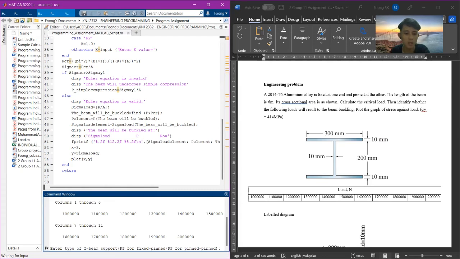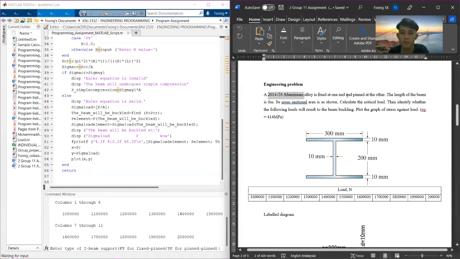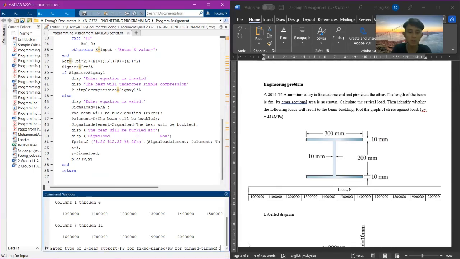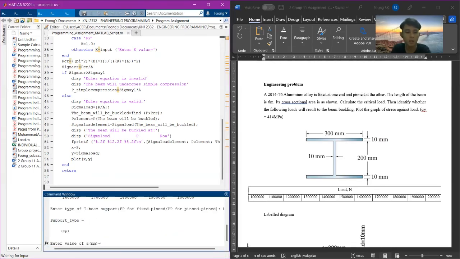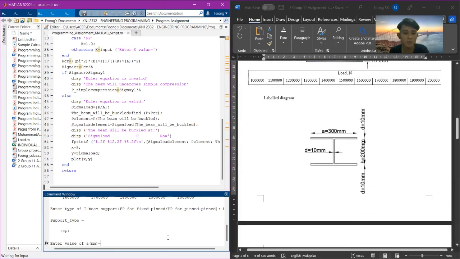Then we input the type of I-beam support. From the question we can see that it is fixed at one end and pinned at the other, so this case is FP, and we input the dimensions in millimeter.